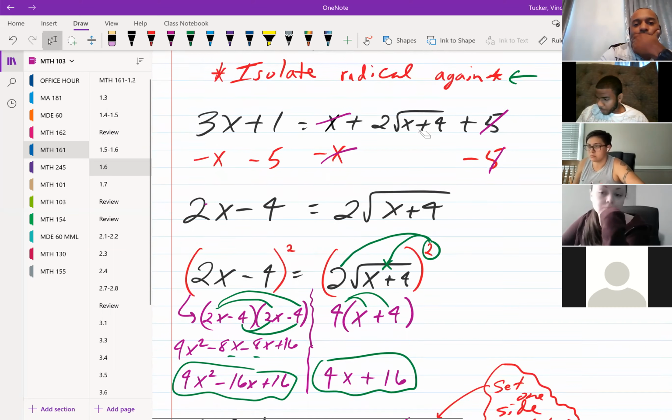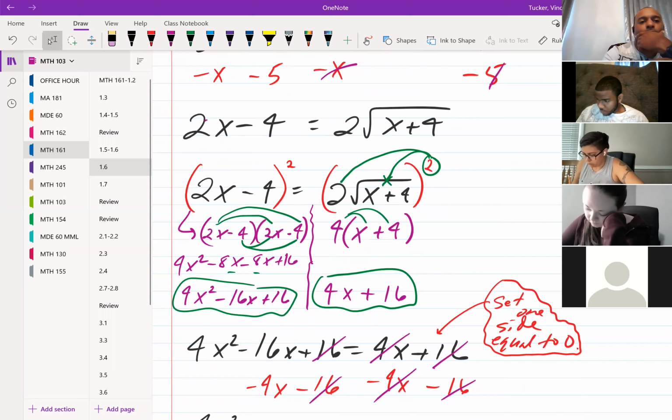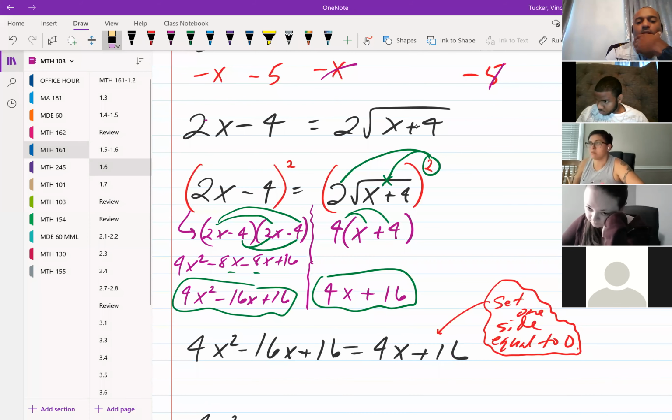All right, scrolling up. So that's what we have now: 4x squared minus 16x plus 16 equal to 4x plus 16.